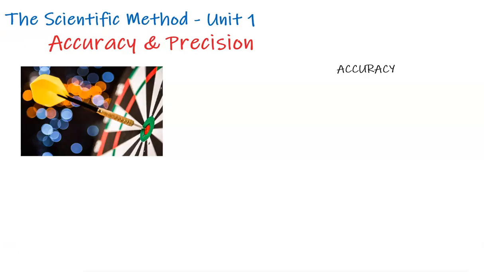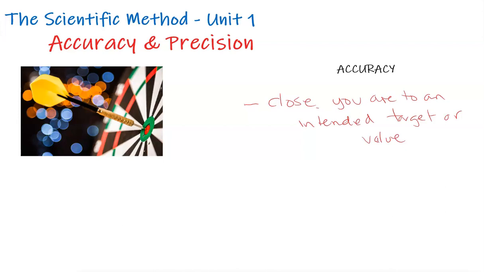So accuracy is defined as how close you are to an intended target or a value you're trying to hit. Within an experiment, within the scientific method, you're going to have variables, various elements that you have to try and control or analyze or dictate.